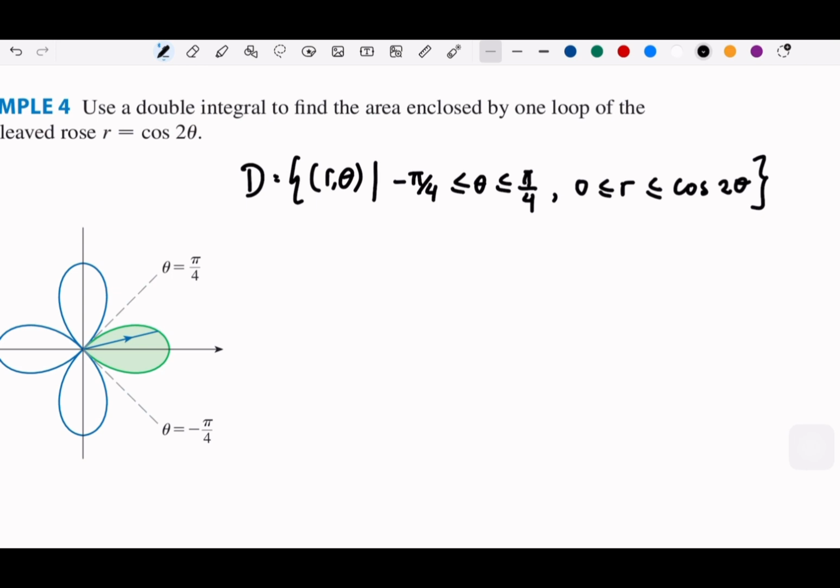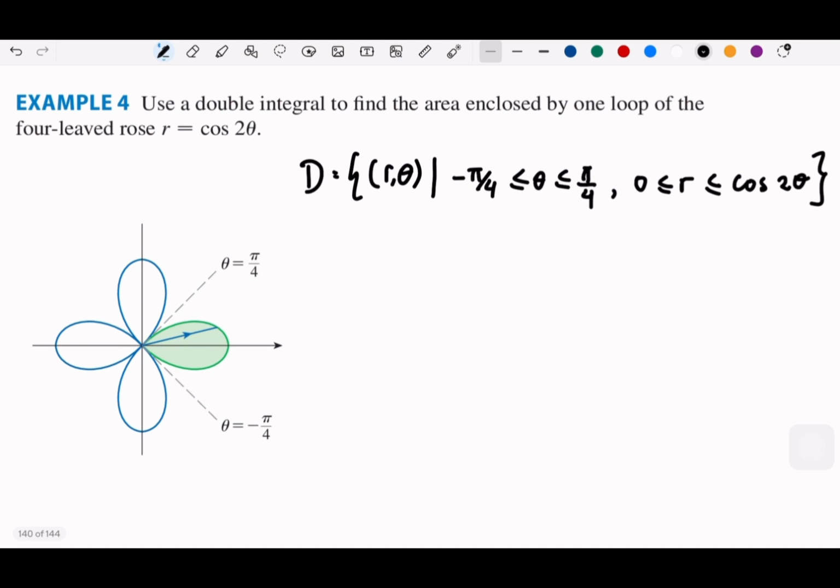Okay. So we could write the area. If you remember, to find the area in the double integral, we basically double integrate dA. So the function will be equal to 1. Okay? When the function equals 1, it means that we are actually computing the area.